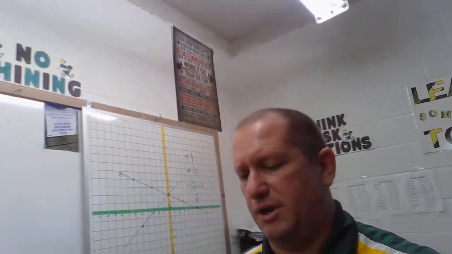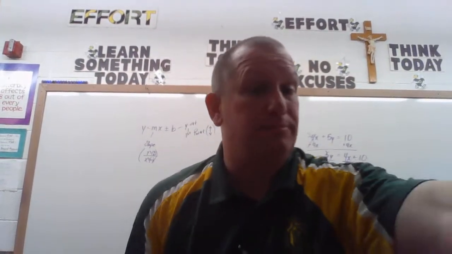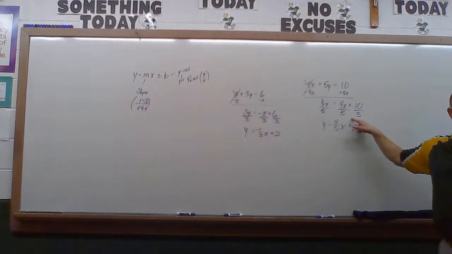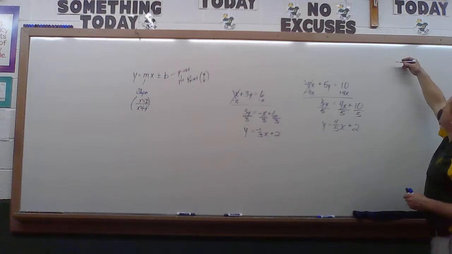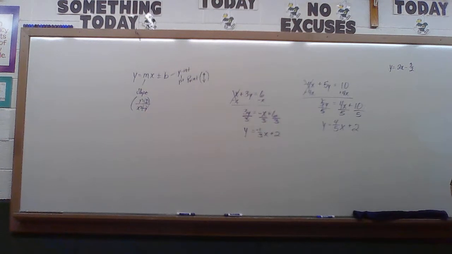So here's the other thing that I want to ask. What happens if when I do my problem that my y-intercept ends up being something like this? So let's just say that when we did our problem, we ended up with y equals 2x minus a fraction.